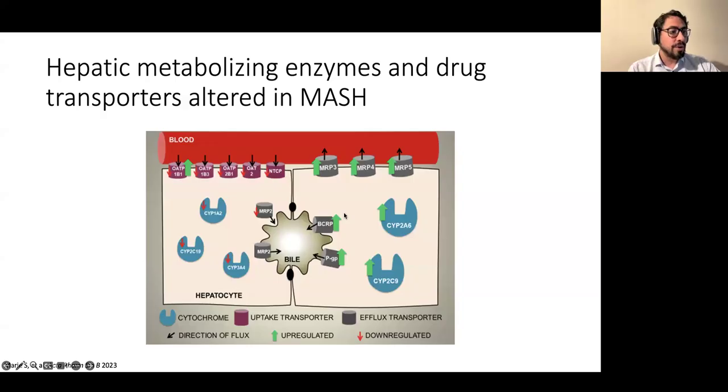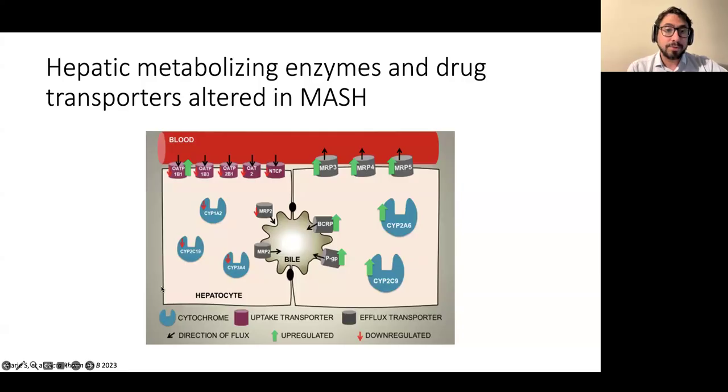And this is also some supporting data of the most relevant changes in terms of CYP and transporters in hepatocytes that can modulate different effects for medications.